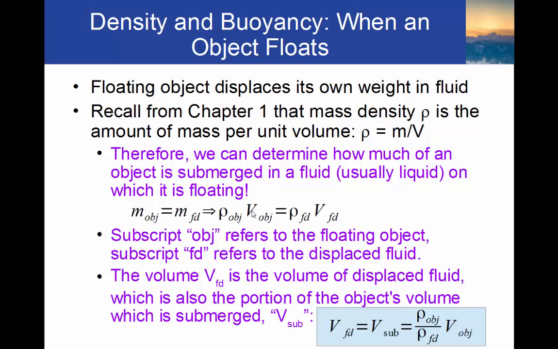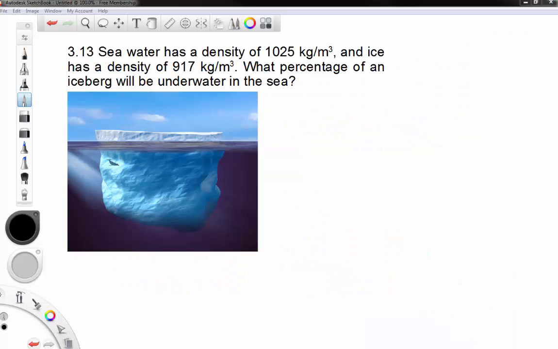What this implies is that we can get a ratio of the volume of the object to the volume of the fluid displaced. And the volume of the fluid displaced is also going to be the same as the volume of the object which is submerged. All right, so the submerged volume is going to be the ratio of the object density over the fluid density times the volume of the object.